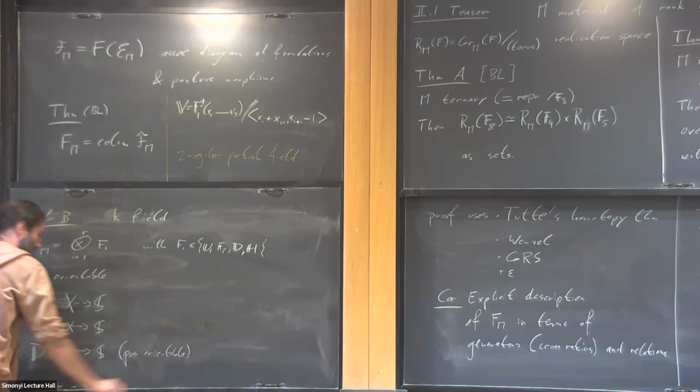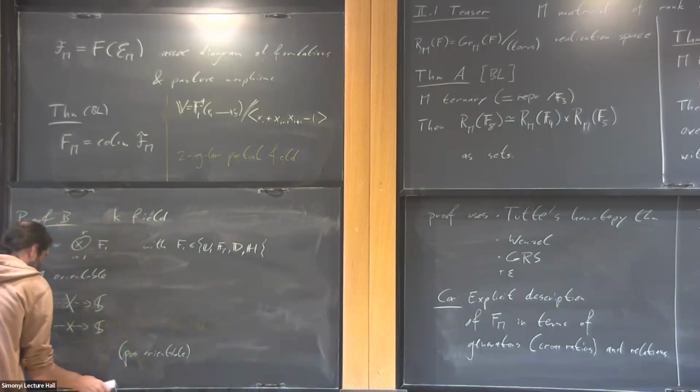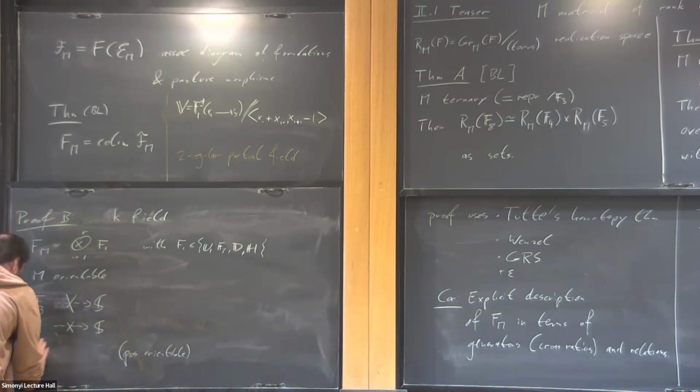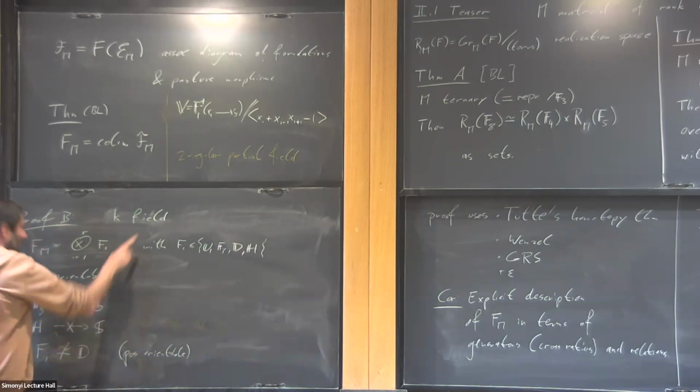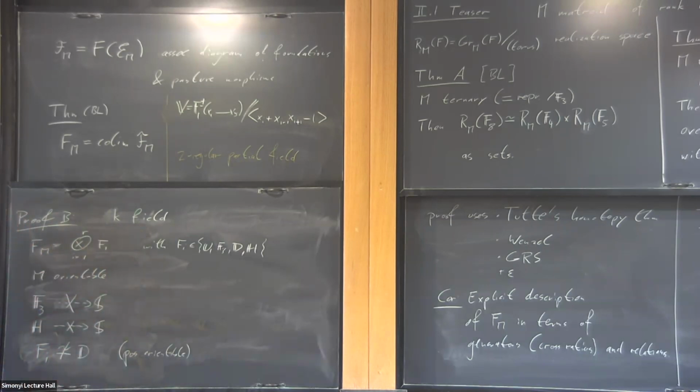Sorry, so this is wrong. This says that Fi is not isomorphic to D for any of the i's. That's a conclusion. This is wrong.